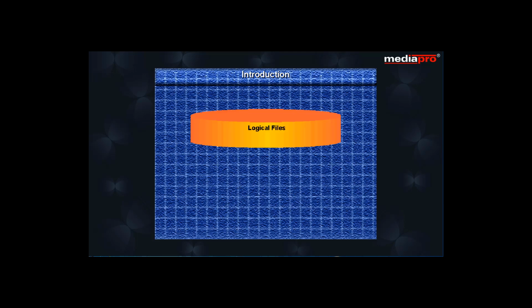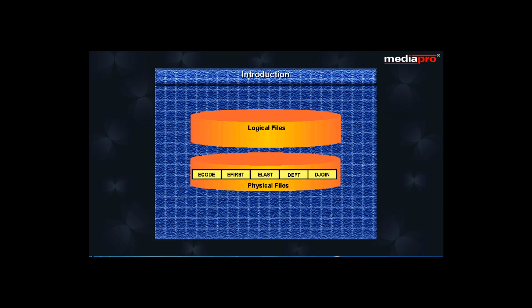Logical files, as we have seen in the first chapter, do not contain any data. They are used only to view the data records that are in the physical files in formats that might be different from the way in which the records are actually stored in the file.